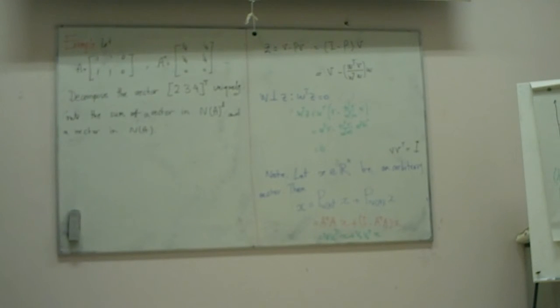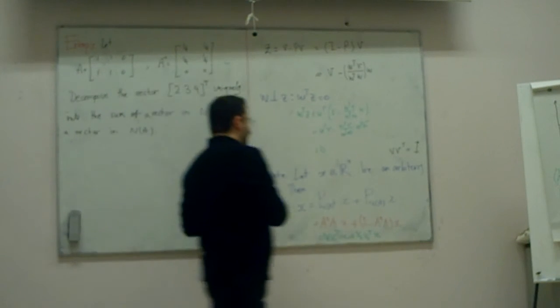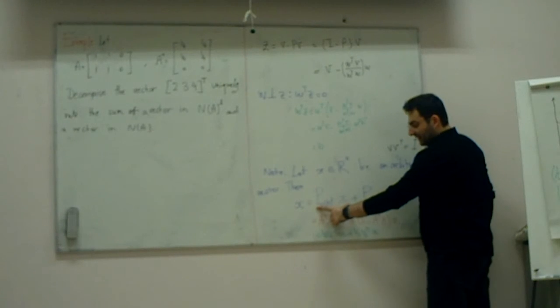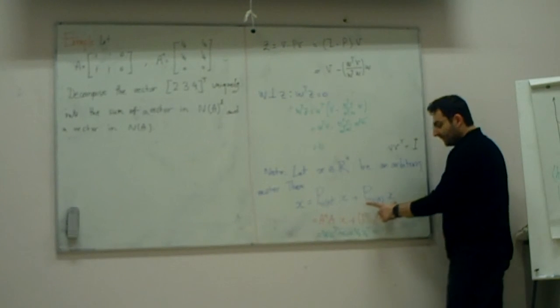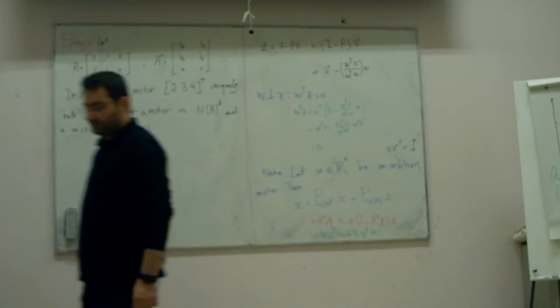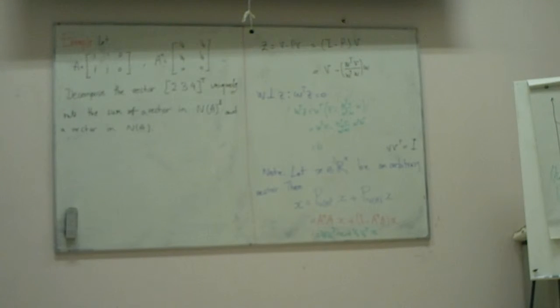In other words, decompose my vector x into P of NA orthogonal x plus P of NA x. How can we do this? How can we do that? What is the solution of this example? I mean, not the number-wise, what is the solution?